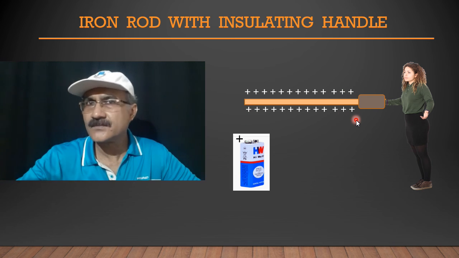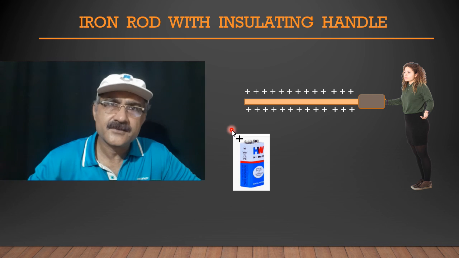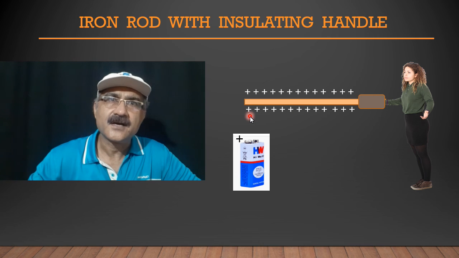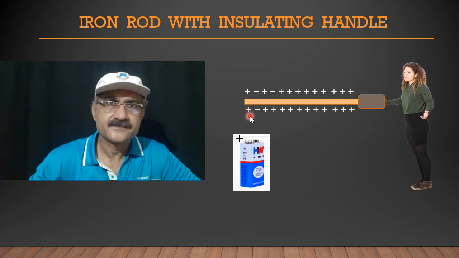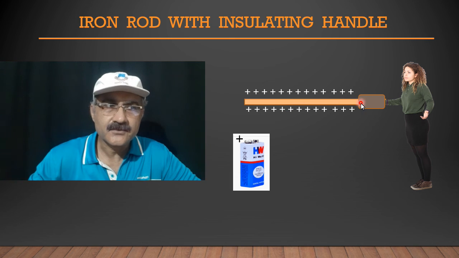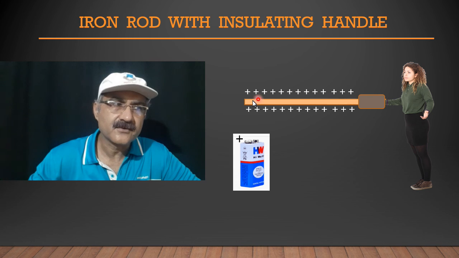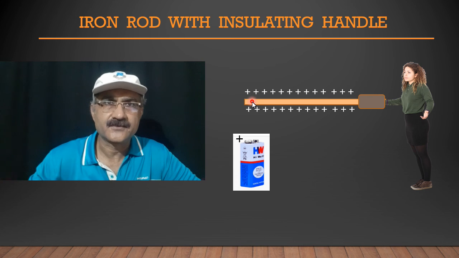Now if we disconnect the battery, we'll see that these positive charges will remain on the iron rod, because now these charges have nowhere to go. They cannot flow through the insulating material to the ground, so they will remain on this iron rod.